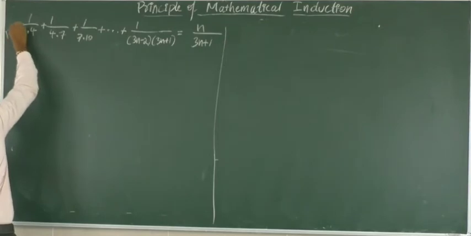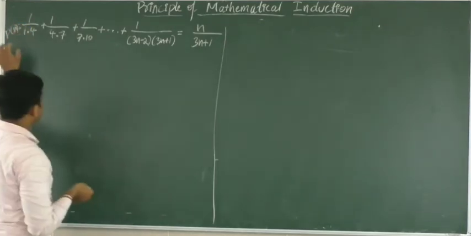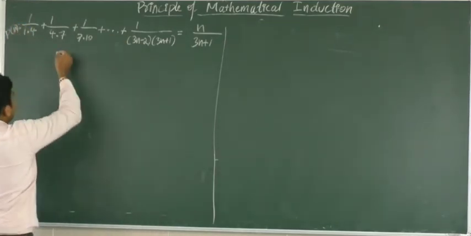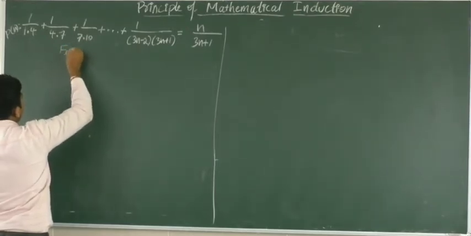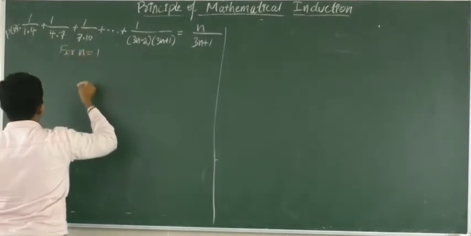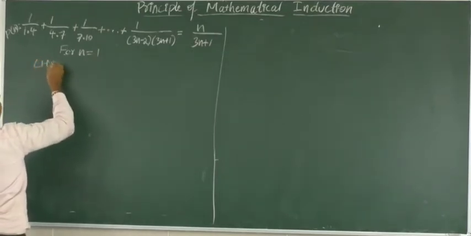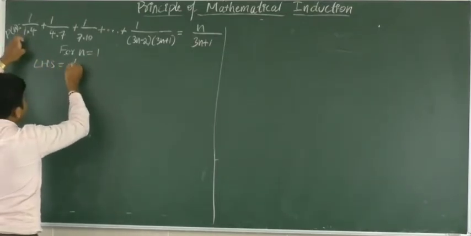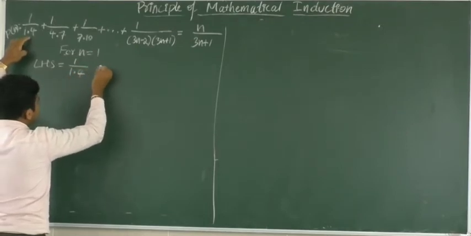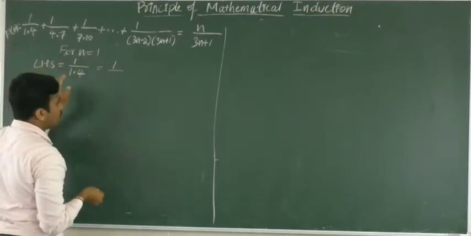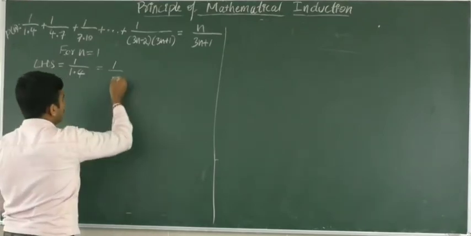Now see, this is P of n. Now what is the result for n is equal to 1? For n is equal to 1, the left hand side is equal to 1 divided by 1 into 4, that is 1 by 4.